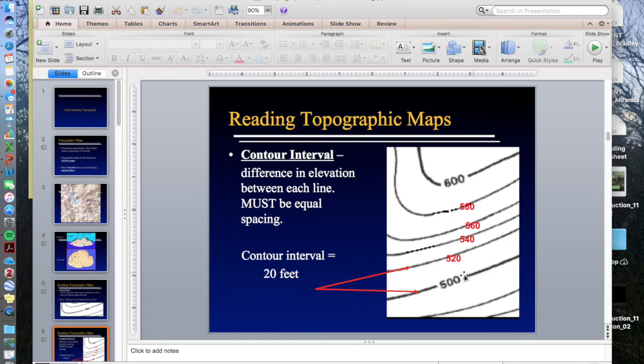Our bigger ones here are in 100 feet intervals, and then every one in between would be 20-foot intervals. We can use this to look at the gradient of slope, or the steepness, and also our shape. We can see over here where these lines are closer together, that means there'll be more of a slope, a higher gradient and steeper, in this zone than something over here.